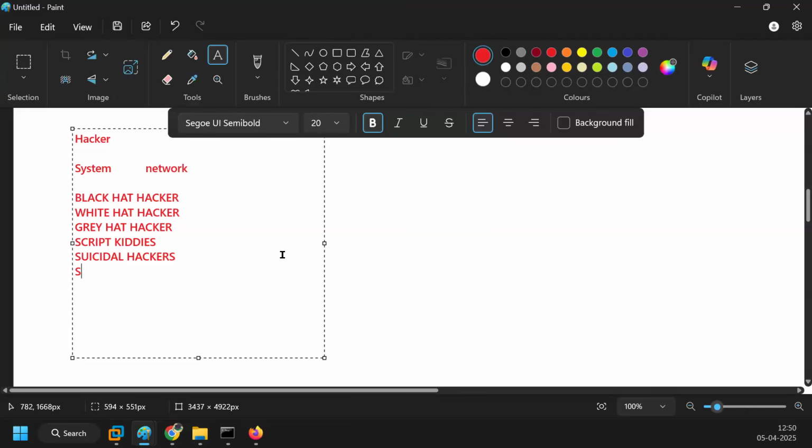Afterwards, we have the state sponsored hackers. These are people employed by the government. It can be the national government, the state government, or the country government.